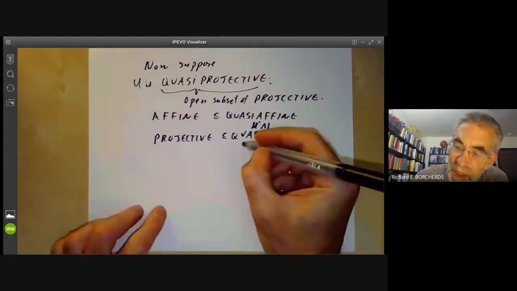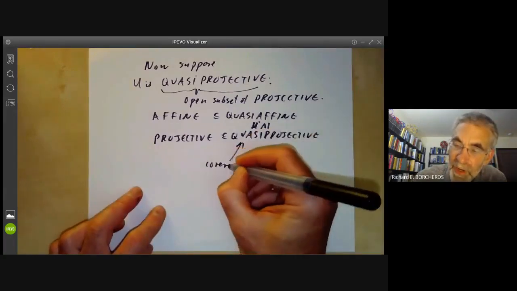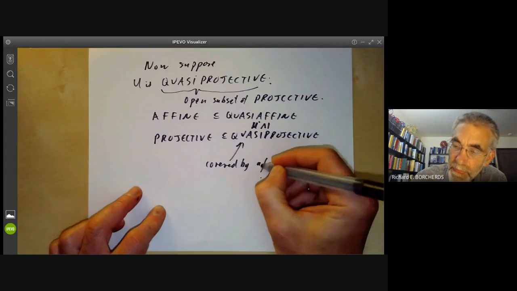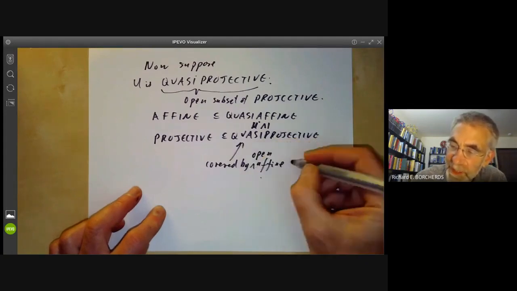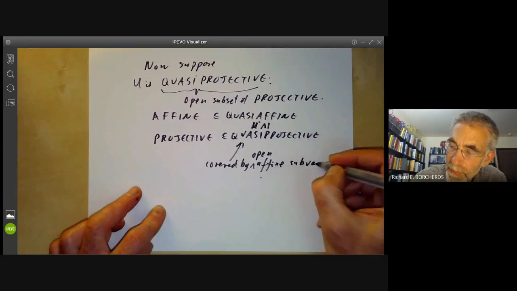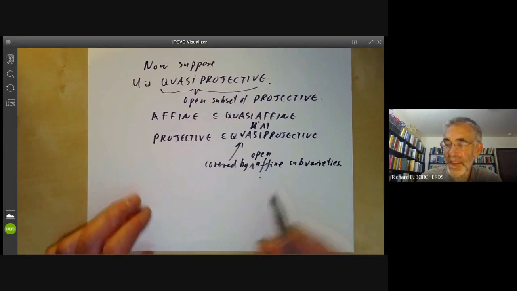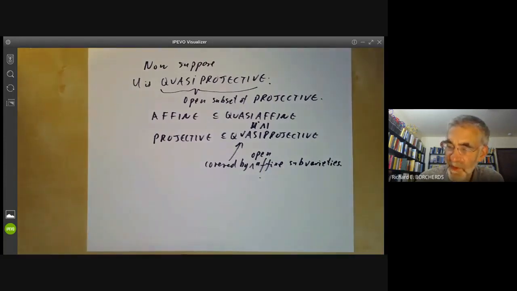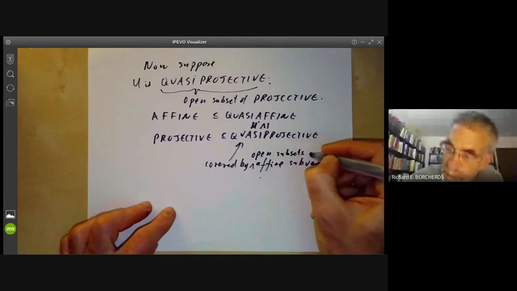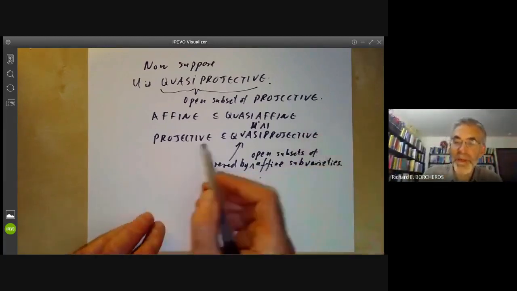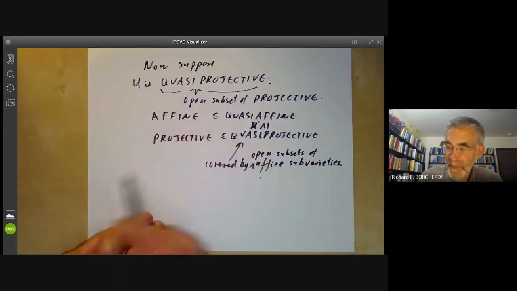And now you notice that any quasi-projective variety is covered by open affine subvarieties, or if you like, open subsets of affine subvarieties. This is because projective space is covered by a finite number of copies of affine space.